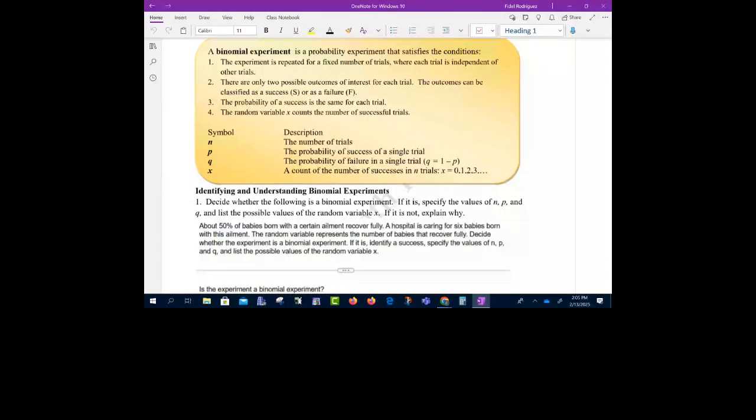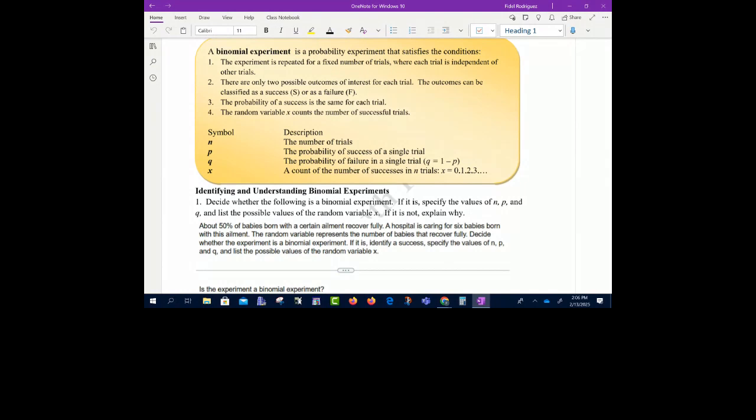I have an example here, and it says decide whether the following is a binomial experiment. If it is, specify the values of n, p, and q, and then list the possible values for the random variable x. And if it's not, explain why. About 50% of babies born with a certain ailment recover fully.